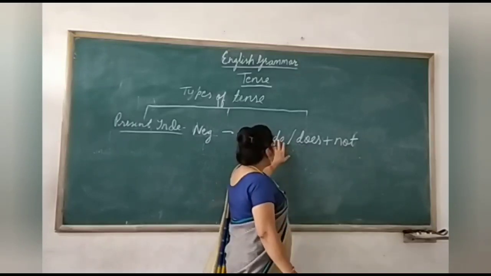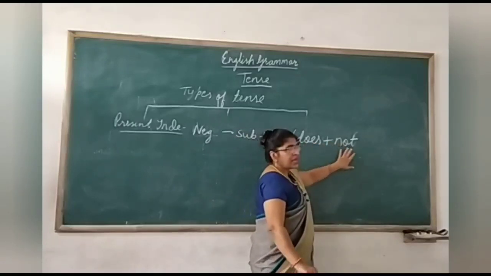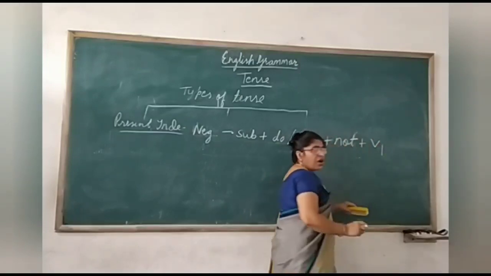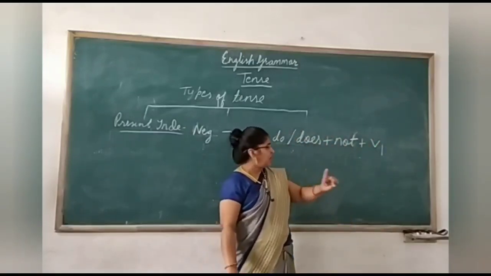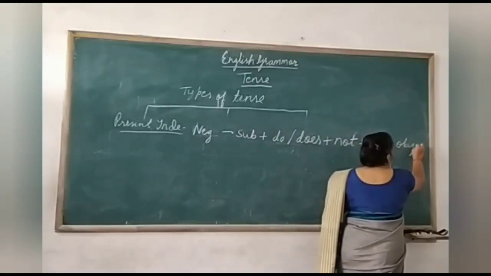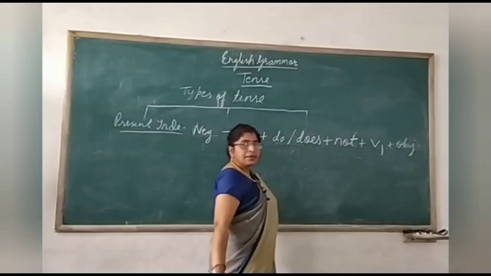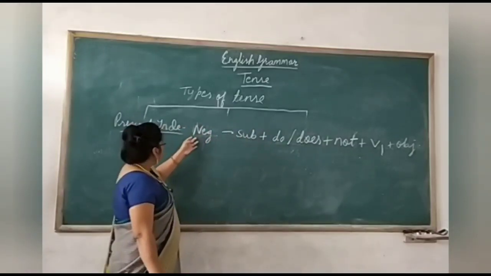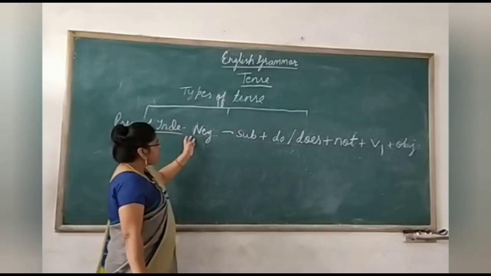So here with these two helping verbs we'll take not, then with negative sentence the verb is always and always in first form, then after the V1 then object. Clear? So here this is the negative structure of present indefinite tense.